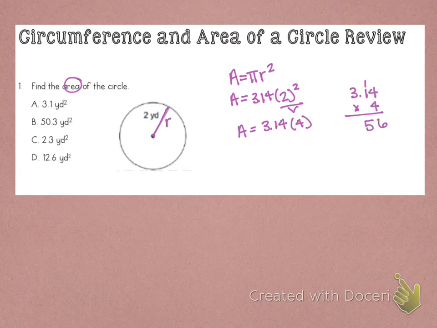And then 4 times 3 is 12. We have 2 numbers to the right of the decimal, so we're going to move that in 2 times. 1, 2. Okay, and area equals 12.56 yards squared.